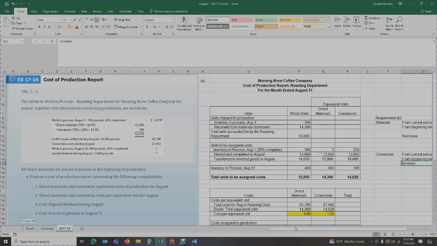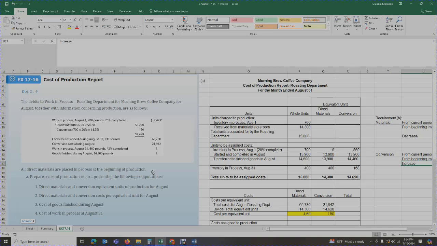Just remember, be very careful and be very clear. All direct materials are placed in process at the beginning of production. So if you roll over merchandise from last month to this month in the manufacturing process, know that the month that it was put in production, that is when we're going to account for the materials.